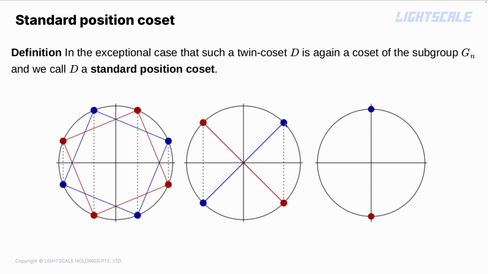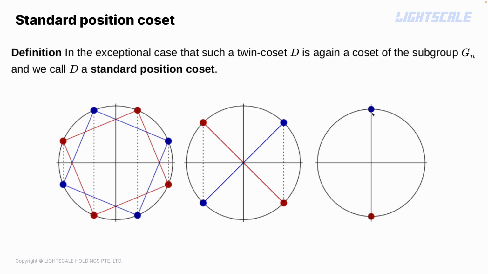Q times what? Subgroup of size 4. Yes. So the group of size 4 is going to be this, this, and if you rotate by this degree, 45 degree, then it's going to be this, right? So it's just a special case of twin coset where all elements are evenly spaced, right? So this here is a coset of subgroup size 4, size 8, and this is subgroup size 2, coset of size 2.